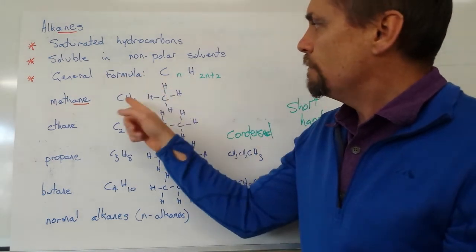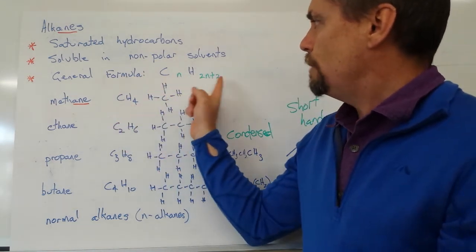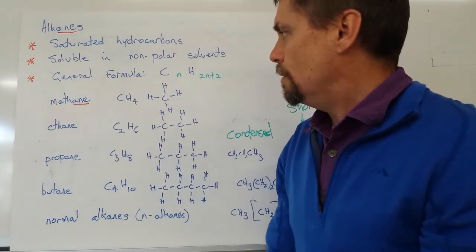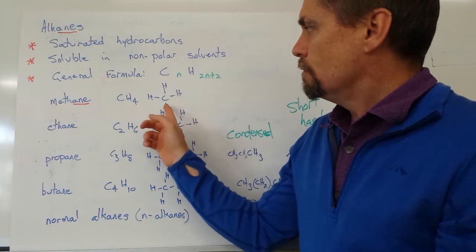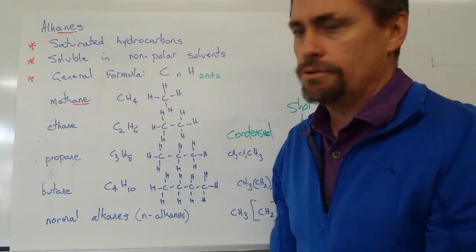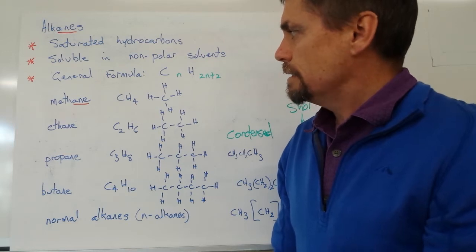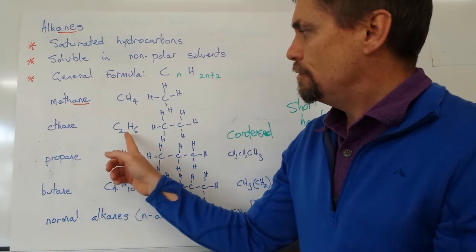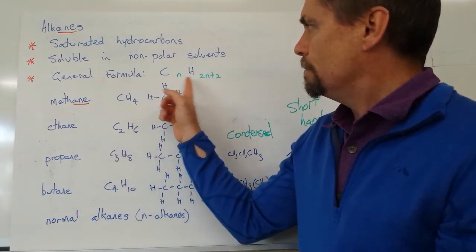From our formula, we've got 1 carbon, and then 2n+2 gives us 4 hydrogens. So methane is CH4. We can draw out the structural formula with our carbon in the centre, 4 bonds to 4 separate hydrogens.